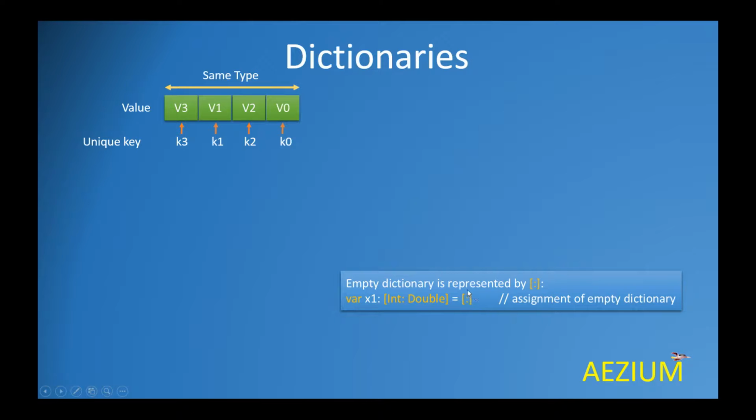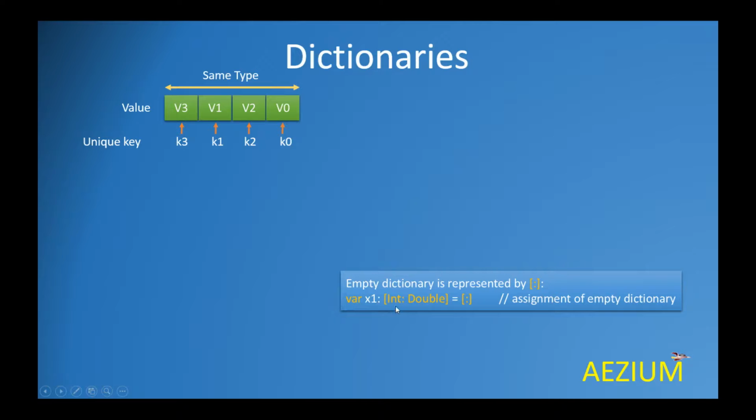And then we're assigning an empty dictionary to our variable x1 here. Again, this could be a constant. I'm just showing variables as just an example. So for both variables and constants, we could use all the declaration and assignment cases that we've discussed so far.